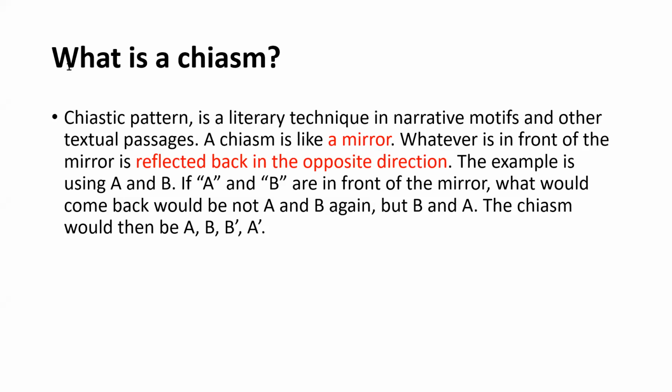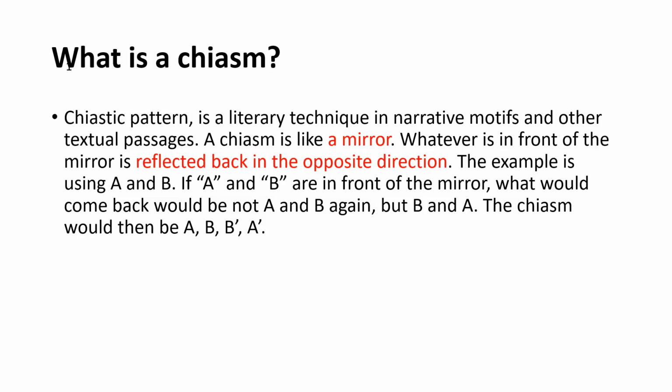So this definition is explaining what a chiasm is. And from this, we have the mirror effect. If you take a mirror and look at yourself in a mirror, the last thing will be the first to be reflected. That's what is being explained here.